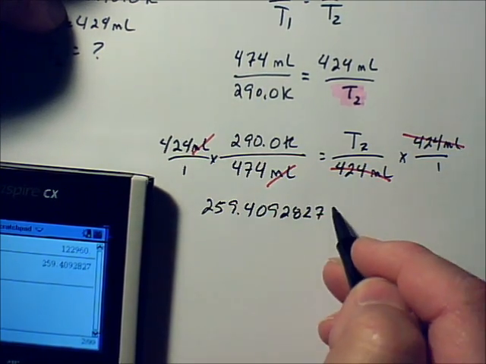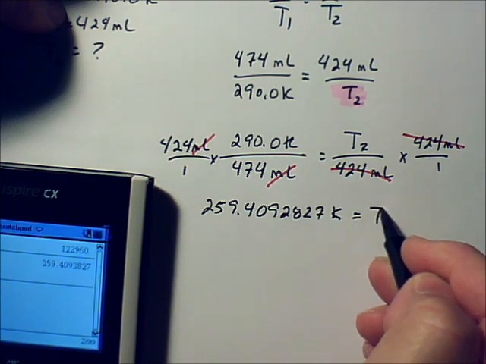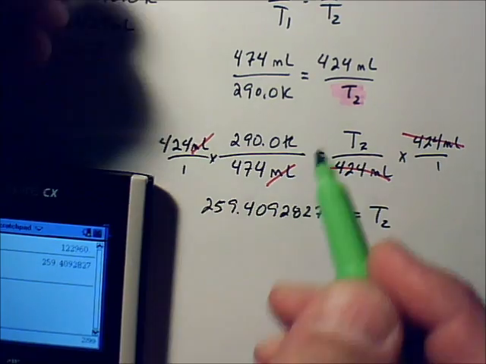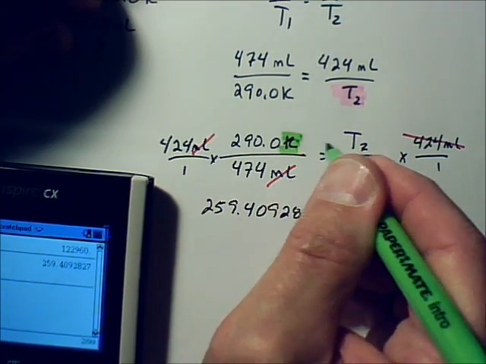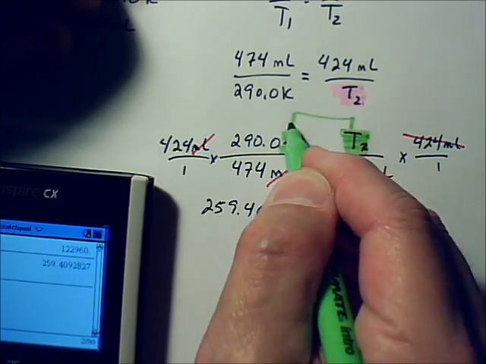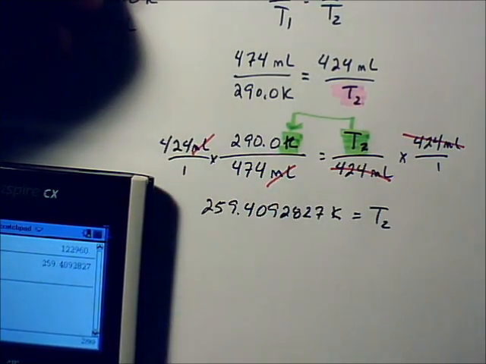Units we have left are K. This is equal to T2, and when we look at this, we should recognize that K, Kelvin, is a temperature unit. So the unit we have left matches the variable we're looking for here.